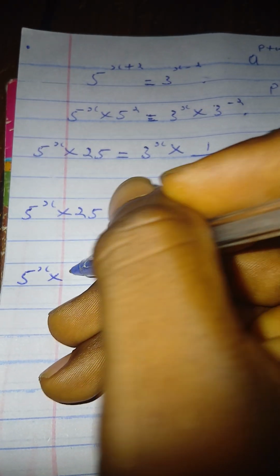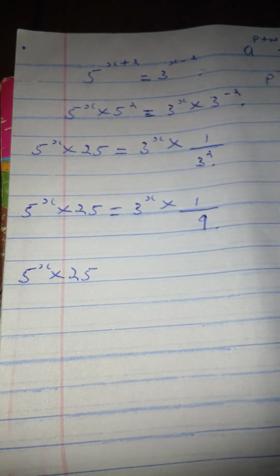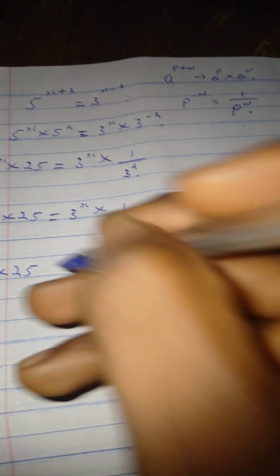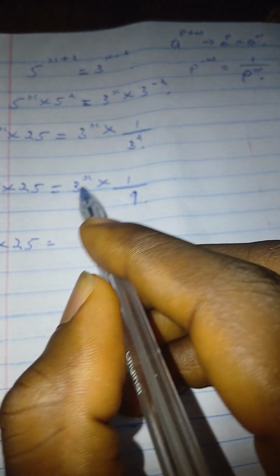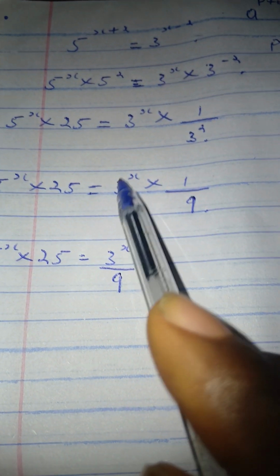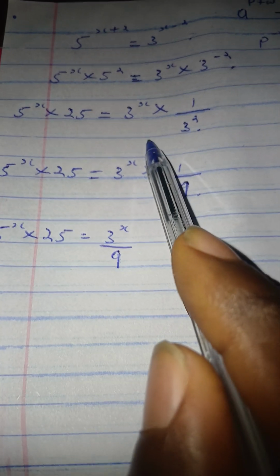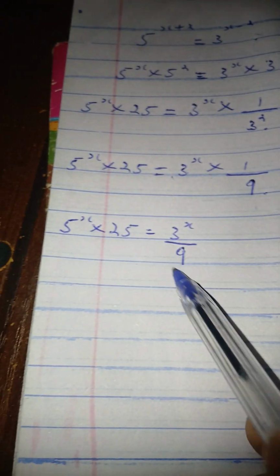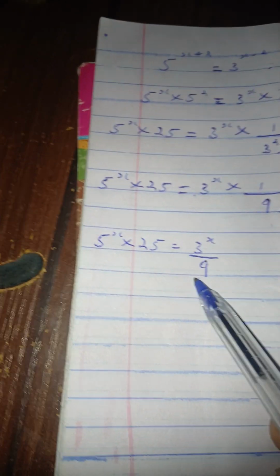Now moving ahead, we now have 5 raised to the power of x times 25 is equal to 3 raised to the power of x times 1, which is the same thing as 3 to the power of x over 9. Remember, there's an invisible 1 under this 3 raised to the power of x. So 9 times 1 is the same thing as what? 9. It's still the same thing.